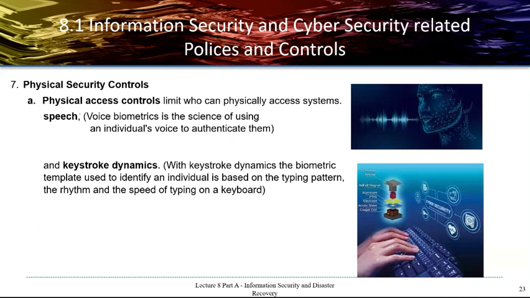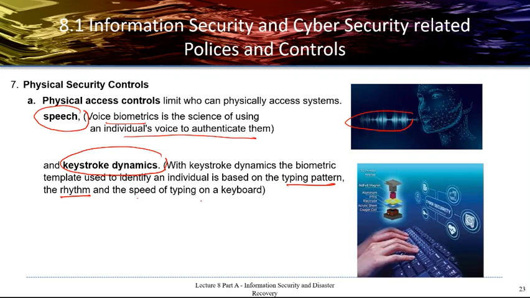You can use physical access control with speech also. With the voice, they can recognize. So voice biometrics uses the individual voice to authenticate. Or keystroke dynamics is also used. That's another biometric. The way you type, your speed and keyboard typing pattern or rhythm, they identify that's you.